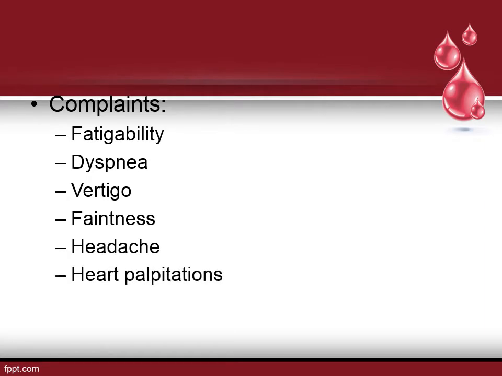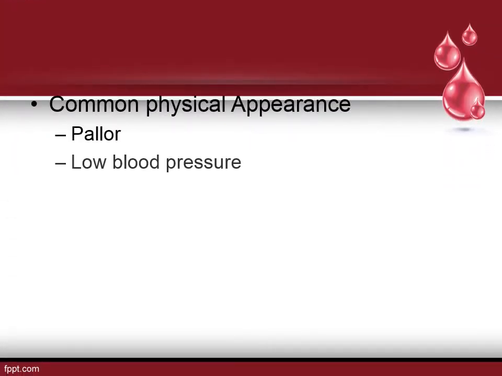The most common physical expressions of anemia are pallor, low blood pressure, slight fever, and some edema. In addition to these general signs and symptoms, particular clinical findings may be characteristically associated with a specific type of anemia.